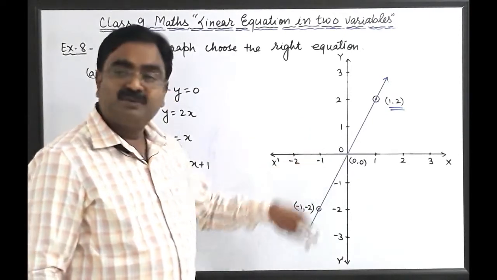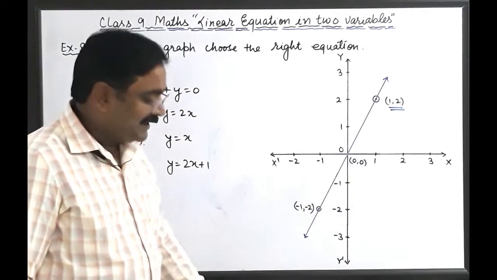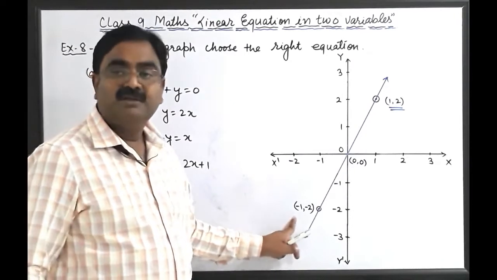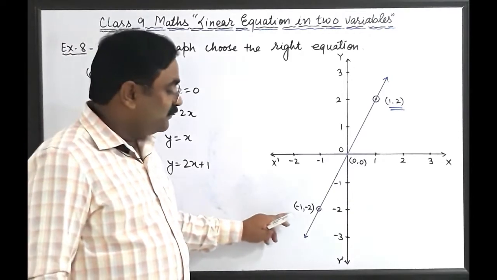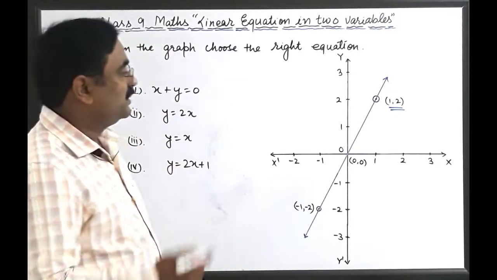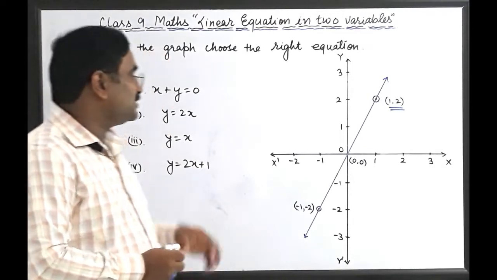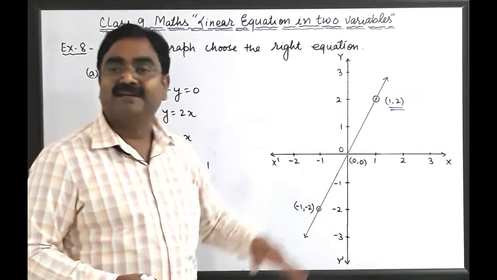Second, it passes through the origin whose coordinates are (0, 0). And the third point given on this line is (-1, -2), which means x equals -1 and y equals -2. Okay children? Now let us see which is the equation of this given line.